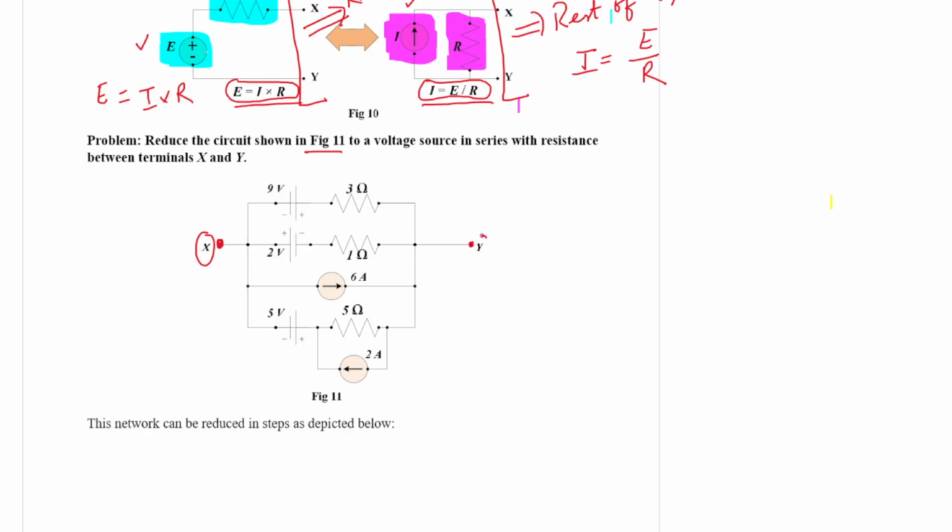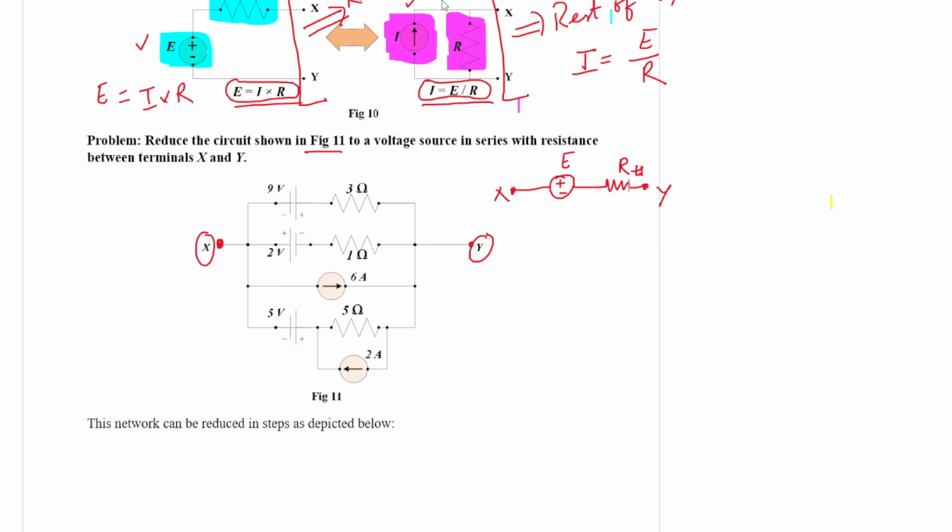So we have various voltage sources or current sources connected. We have various resistances. So with respect to X and Y, one should do this. This is X, this is Y. So what will be the value of this voltage source E, and what will be the value of this resistance R?